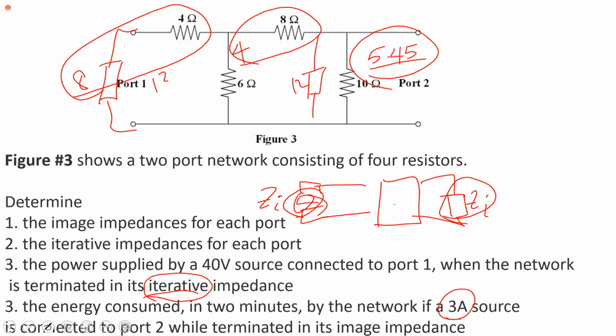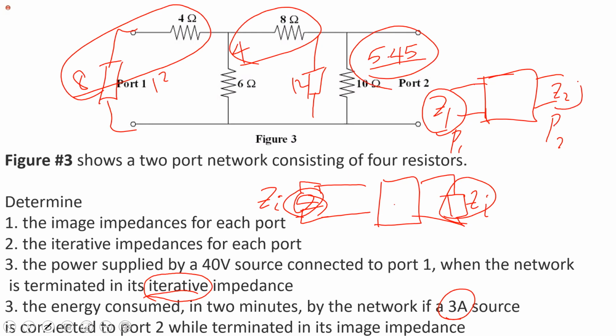Right? With the image, let's call that Z1 and that Z2. So for port 2 it's Z2, for port 1 it's Z1. If I terminate from port 2 the network in its image impedance, it means that I have terminated it in Z1, which means that it will give me the value Z2.